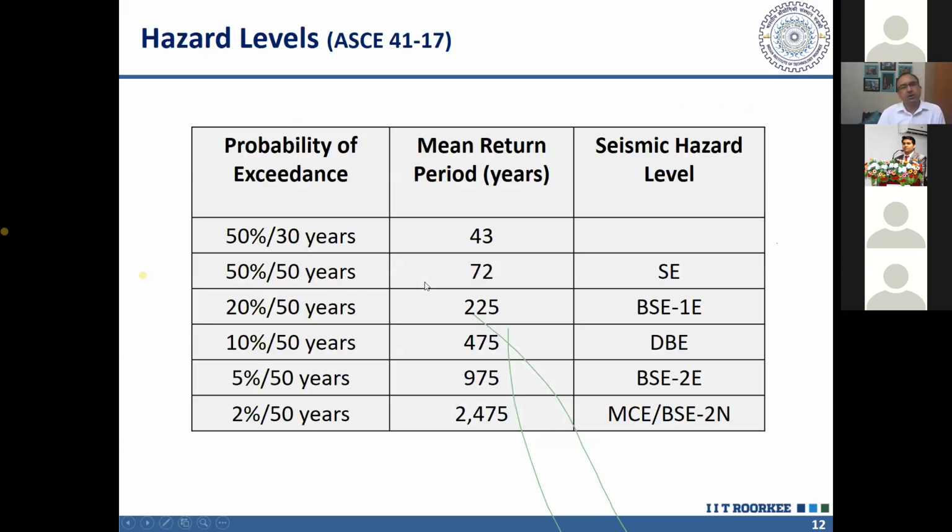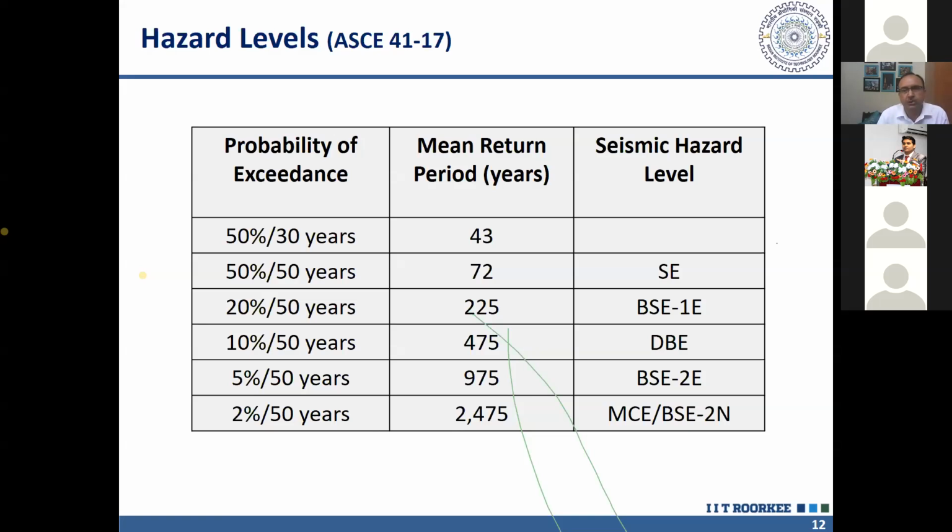So first I will talk a little bit about hazard. We have to quantify the hazard, and the hazard is quantified in terms of its probability of exceedance and the return period. Like we have return periods for floods and wind, we have return periods for earthquakes. As I said, the maximum return period which we usually consider is 2,475, roughly we say 2,500 years.